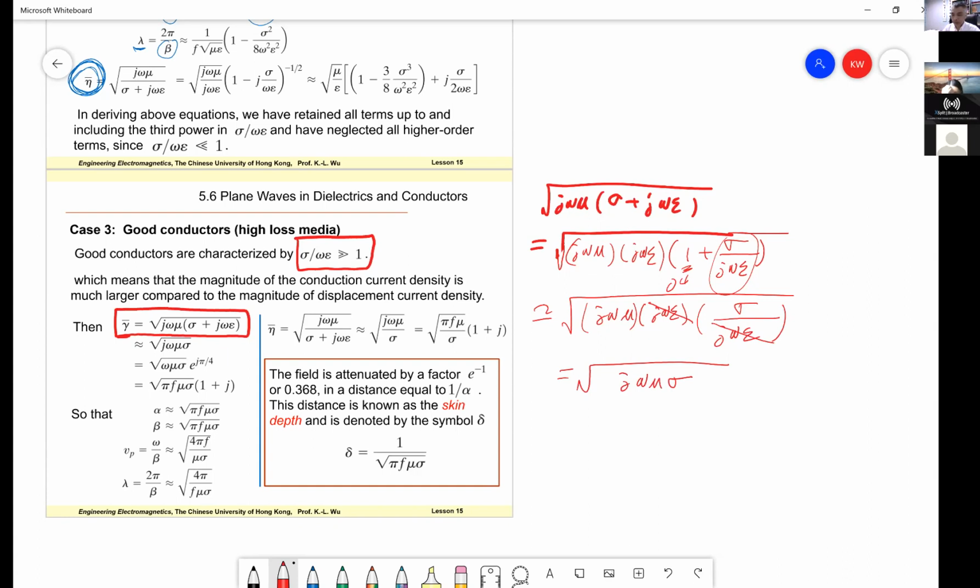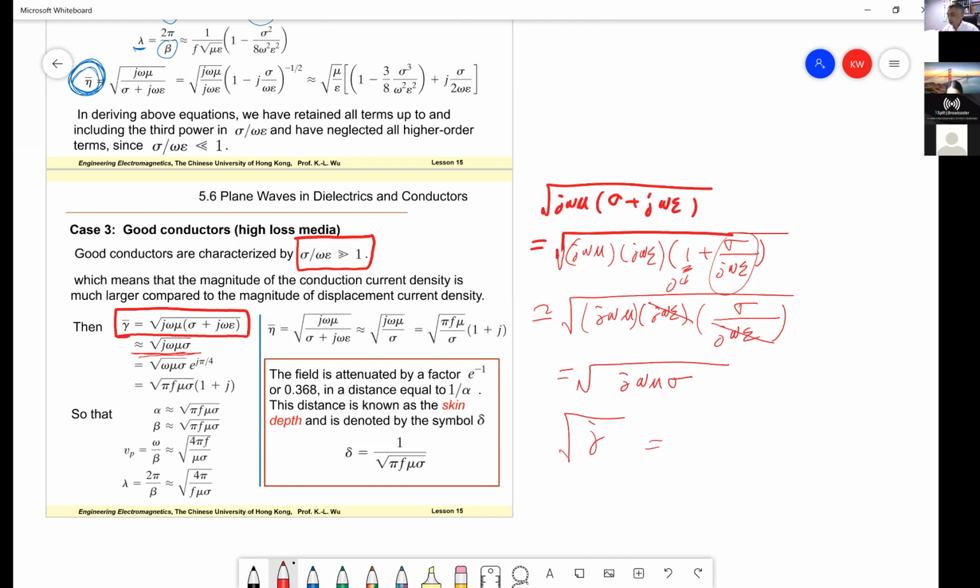This wave number becomes this. This is not a pure imaginary. j is pure imaginary, and this is not. So how do we deal with this?